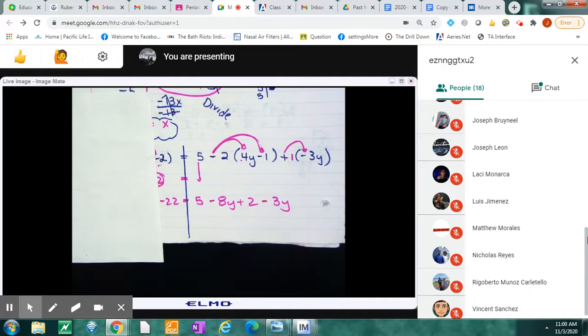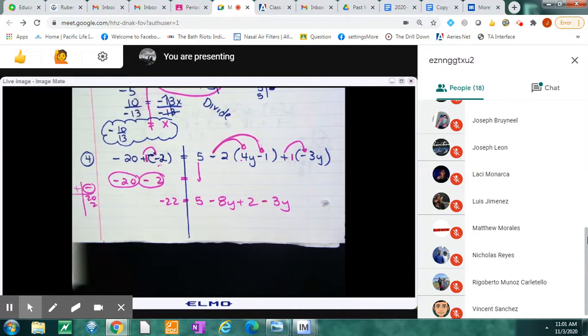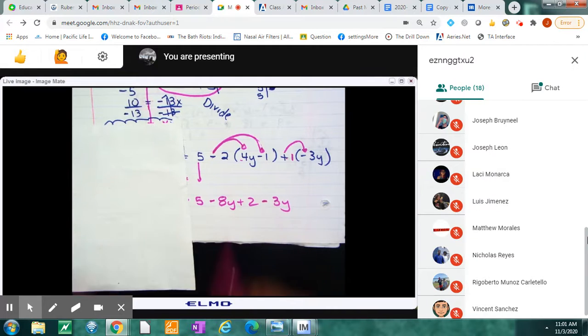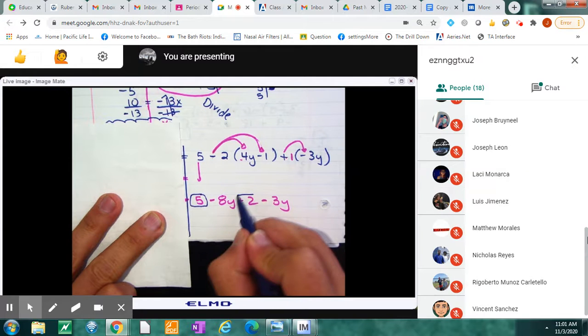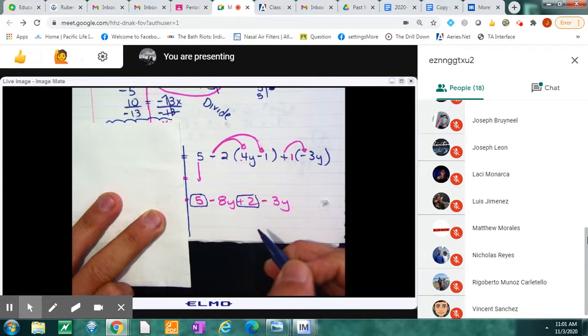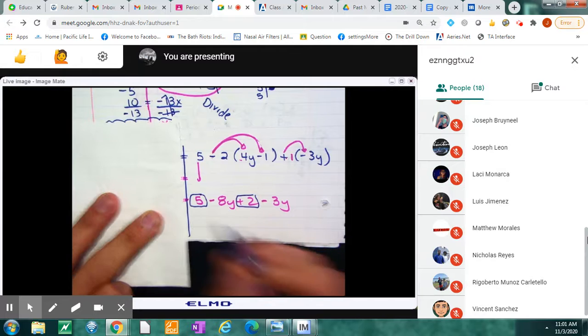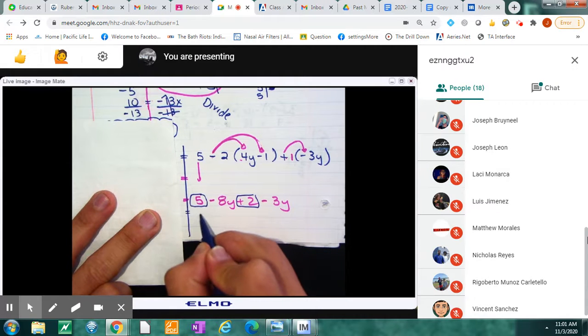All right, there you go. So now we're going to keep going, and now we're going to combine, right? The y's with the y's and the constant with the constant. So it doesn't matter which one you do. So let's just do the constant. So we have the 5 and the plus 2. And then what's 5 plus 2? 7, right? So I'm going to put 7.